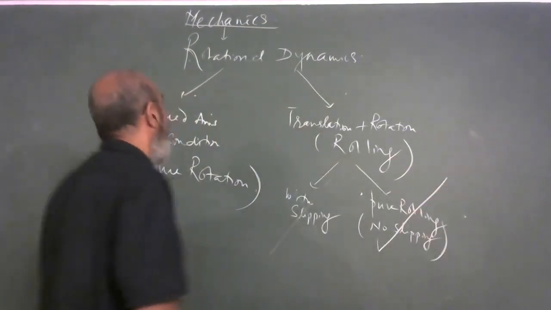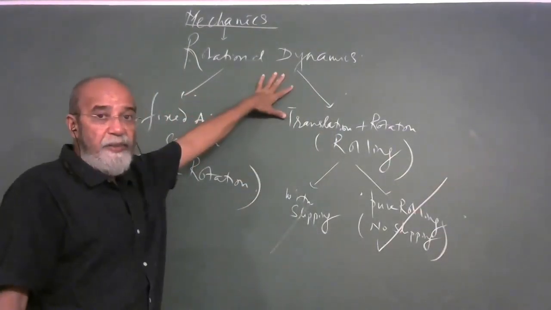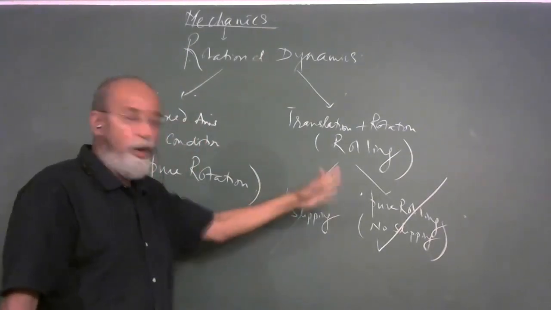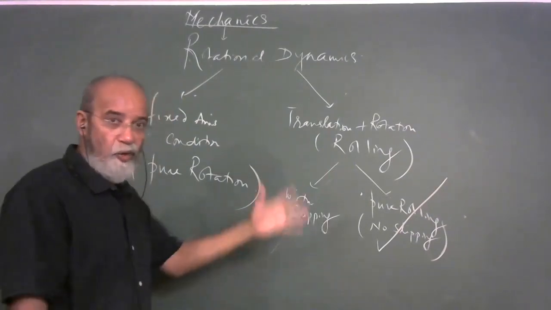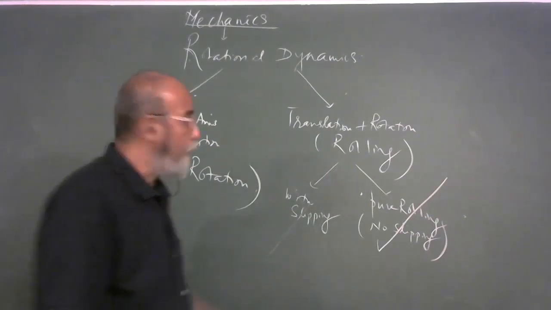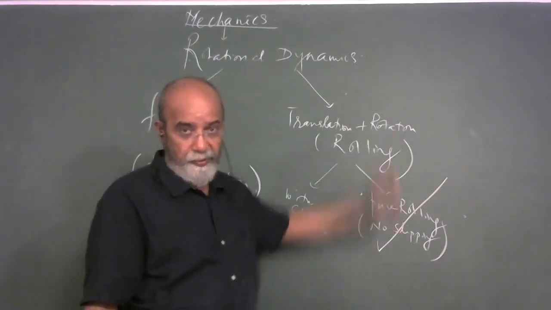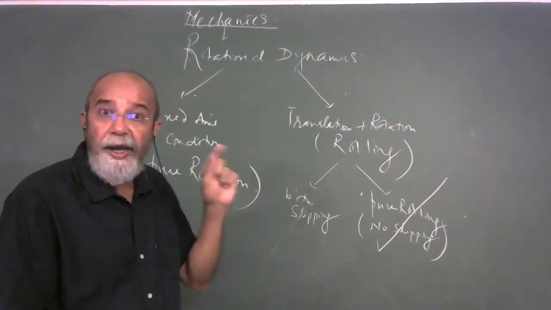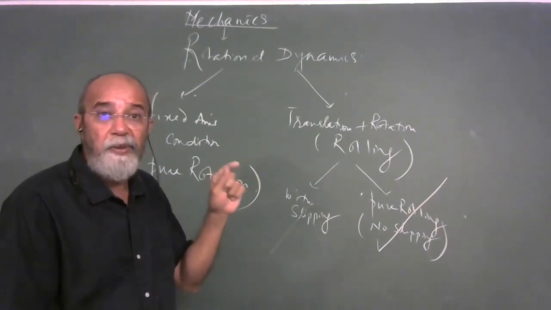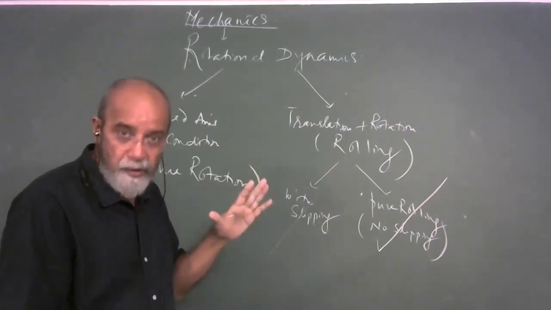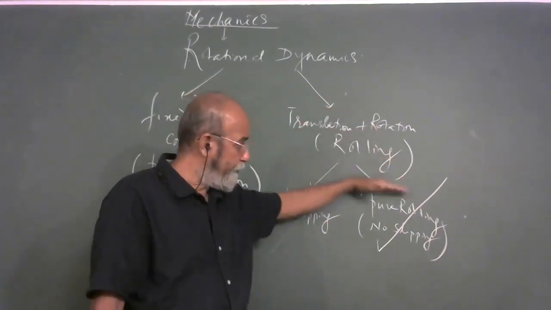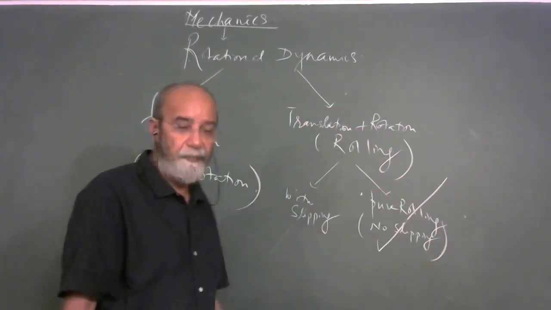So when I say rotational dynamics at 10+2, pure rotation, pure rolling, with no slip. Rolling, translation plus rotation. 85% of the problems in the exam in mechanics are in pure rolling.